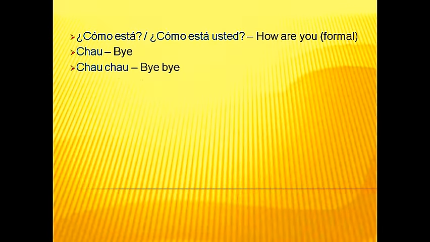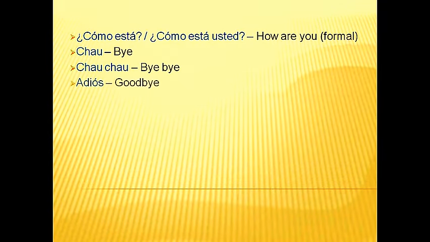Chao, bye. Chao means exactly bye, and it is used exactly the same. It is the most frequent way of greeting somebody, bye. Ciao ciao also means bye bye. Adios, goodbye.